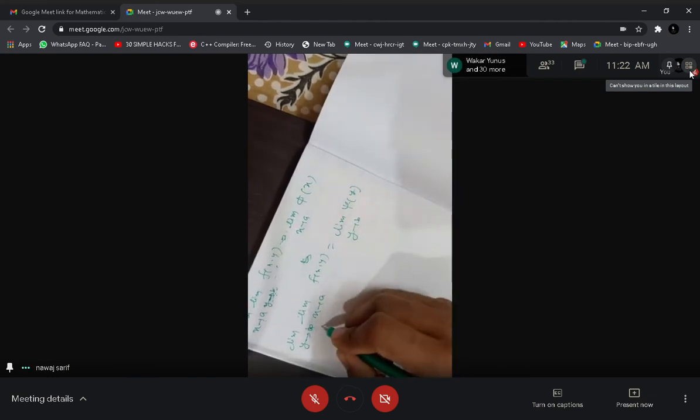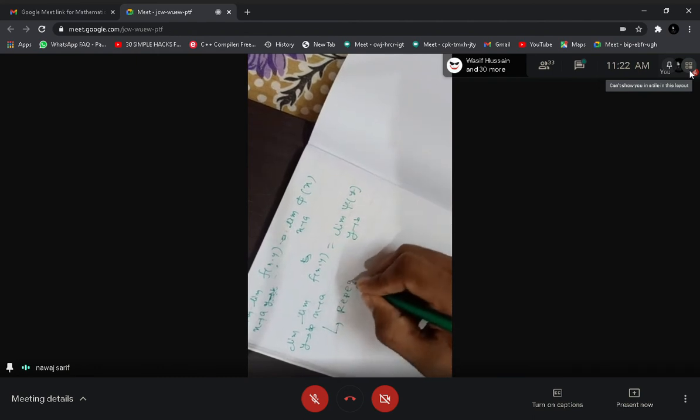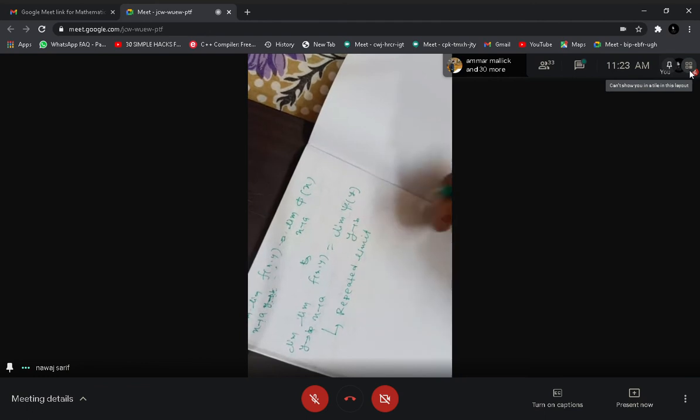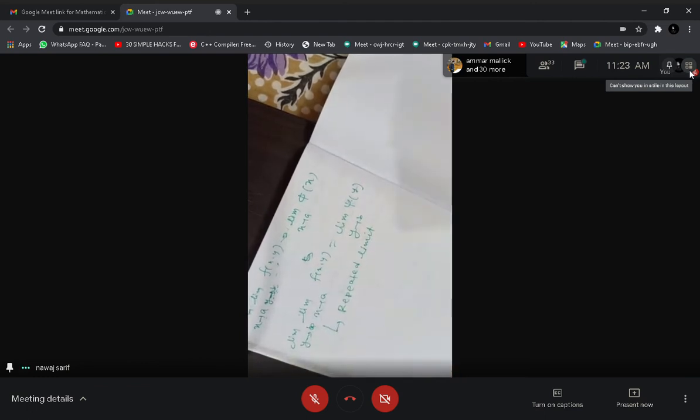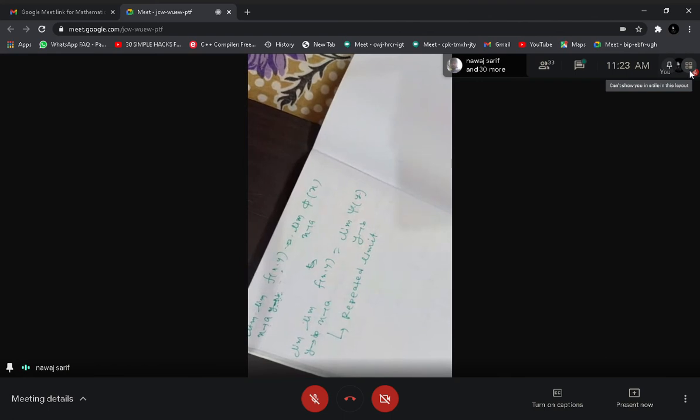So this type of limit is called a repeated limit. The first one is the simultaneous limit, and this type is called a repeated limit. Simultaneous limit and repeated limit may or may not be equal.